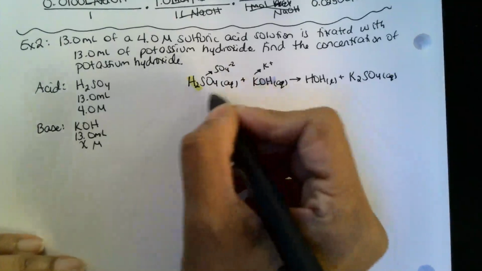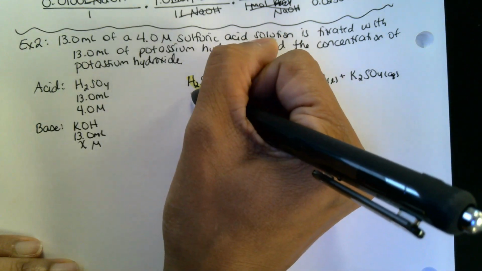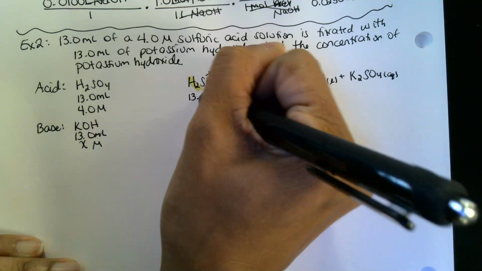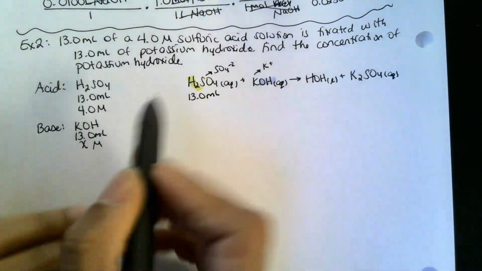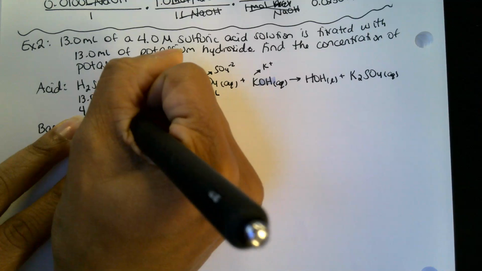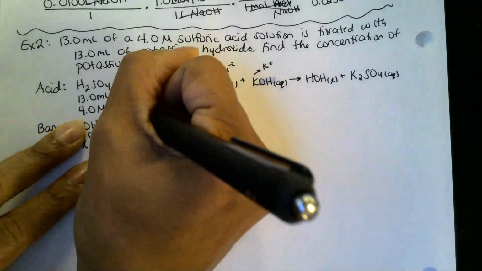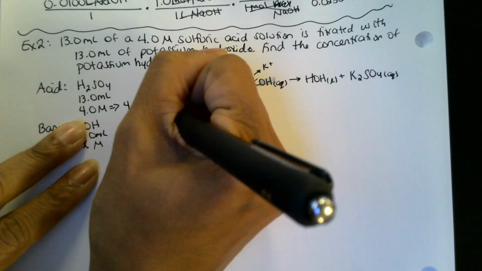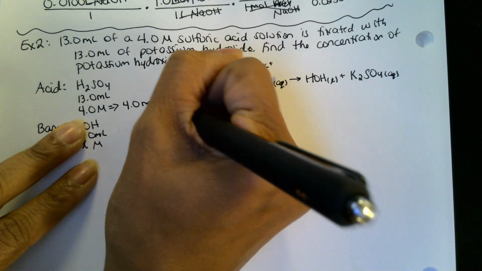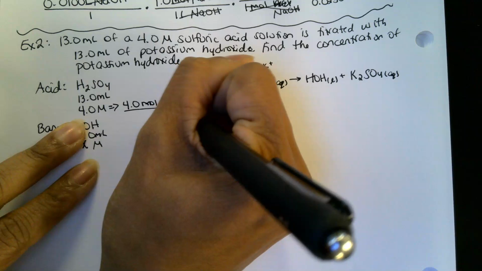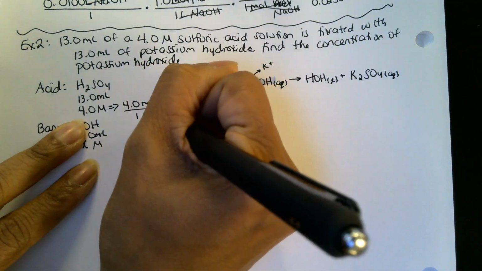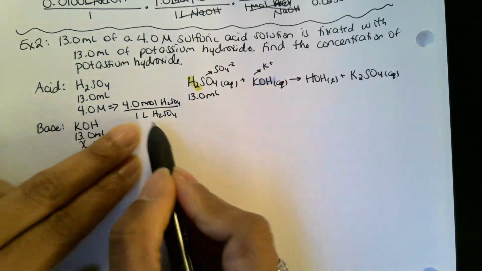So this time I'm going to put the information at the bottom just because I didn't give myself enough room at the top. I have 13.0 milliliters. Actually, even taking a look here, let's do this part first. I know that this is 4.0 moles of H2SO4 for every 1 liter of H2SO4. I have milliliters here.